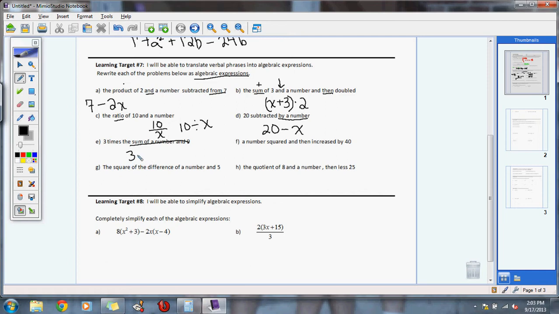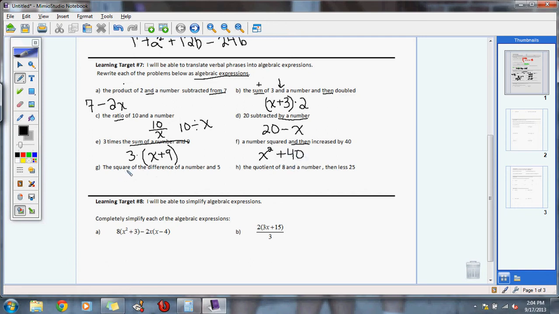So I'm going to have 3 times, and then I have the sum of a number, which would be x, plus 9. 3 times the sum of a number, x plus 9. A number squared. So I'm going to take a number, and I'm going to square it. Any old number squared. And then I'm going to increase it by 40. So after I do that, I'm going to add 40 to that number.